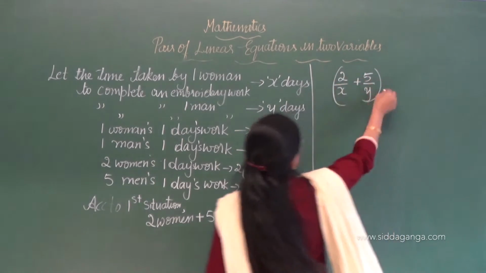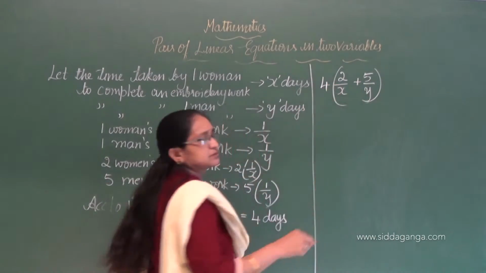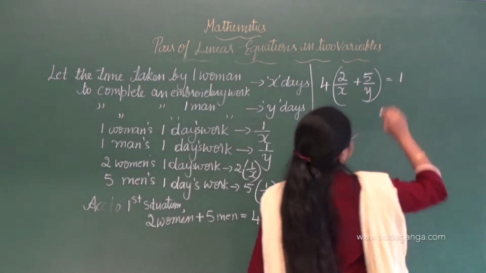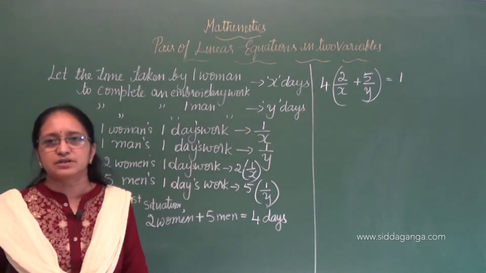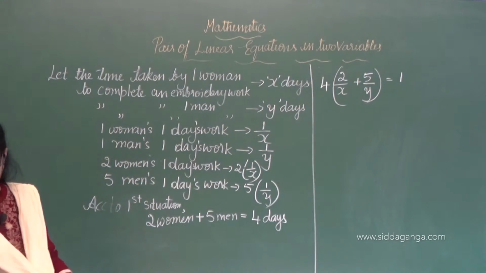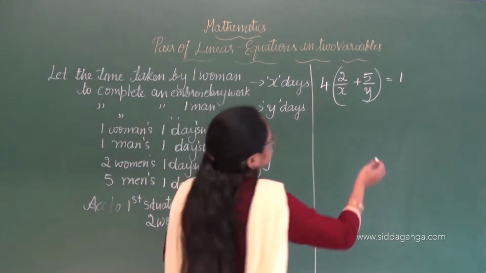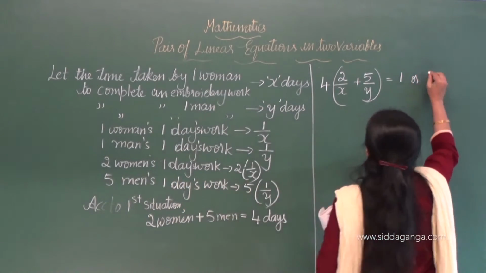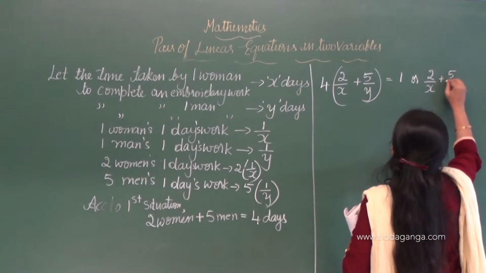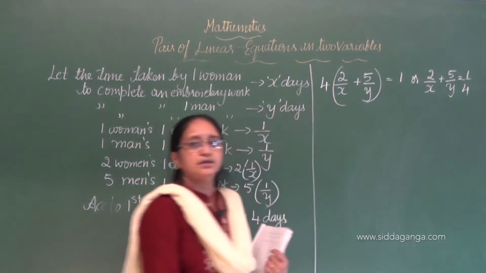See, this is of 1 day together. So, 4 days means into 4, which is equal to 1. That is the complete work they can do, okay? Or you can write it like this also: 2 by x plus 5 by y is equal to 1 by 4. This also can be written.